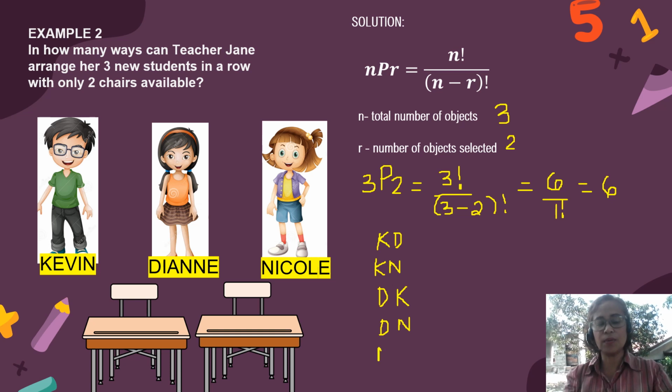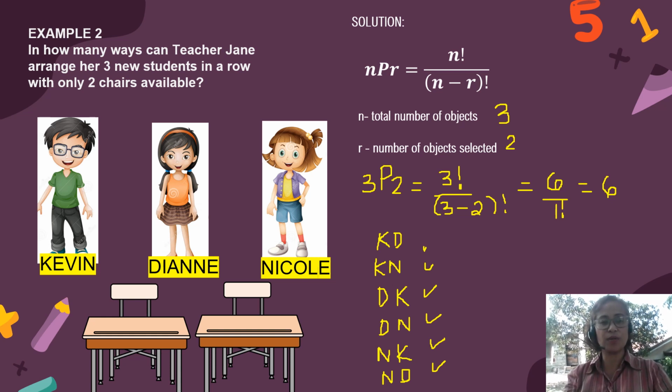Next is Nicole, Kevin, and then Nicole, and then you have Diane. So, there are 1, 2, 3, 4, 5, 6 arrangements verified through listing.